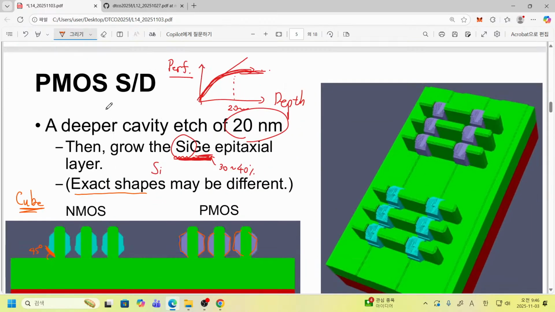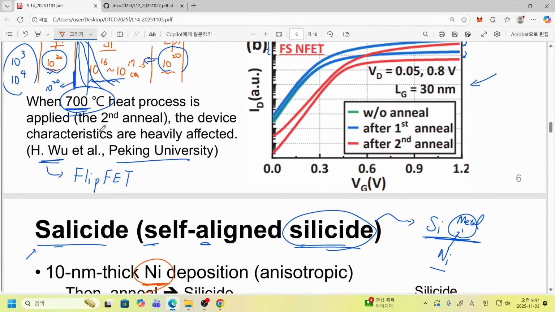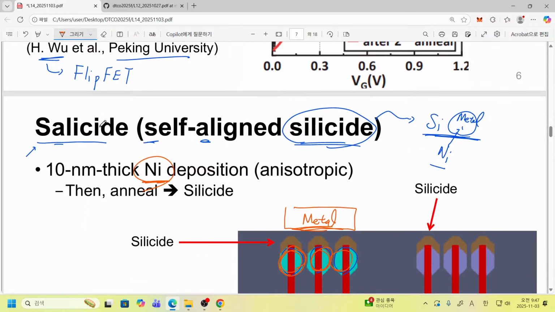Its thickness seems to be about 10 or 20 nanometers. After that, we apply heat, and the nickel combines with silicon, so it becomes nickel silicide.